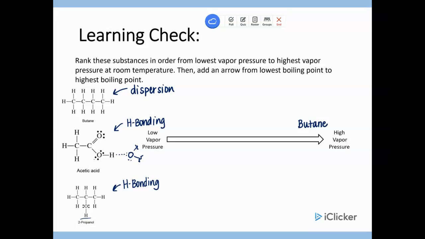The oxygen bonded to hydrogen can have a hydrogen bonding interaction with another hydrogen from another molecule. And the oxygen with a double bond can also have a hydrogen bonding interaction with a hydrogen from another acetic acid molecule that is bonded to an oxygen. So there's three locations, three atoms in acetic acid that can participate in a hydrogen bonding interaction.